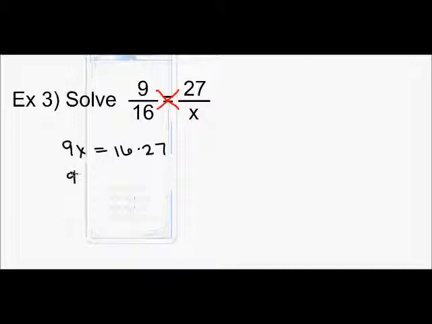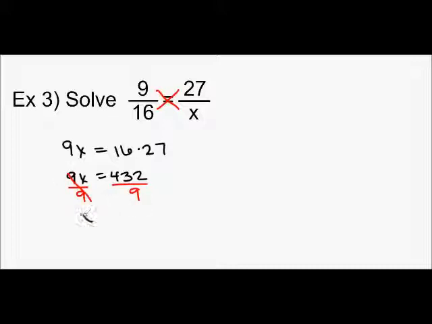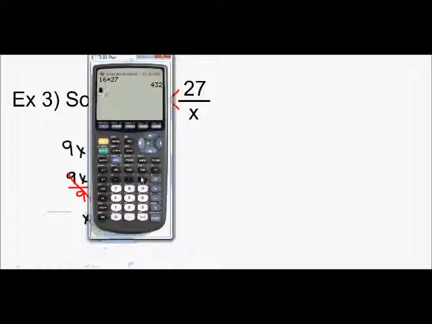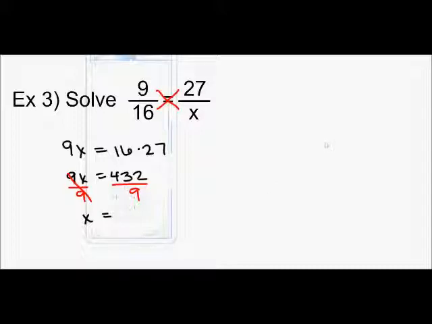So we have 9x equals 432. We can divide by 9, and we get x equals, do you think it will be, divide by 9, 48. X is 48. Okay, so we found x.